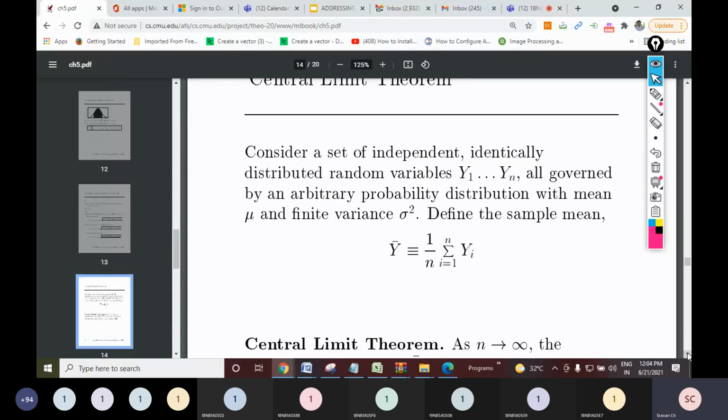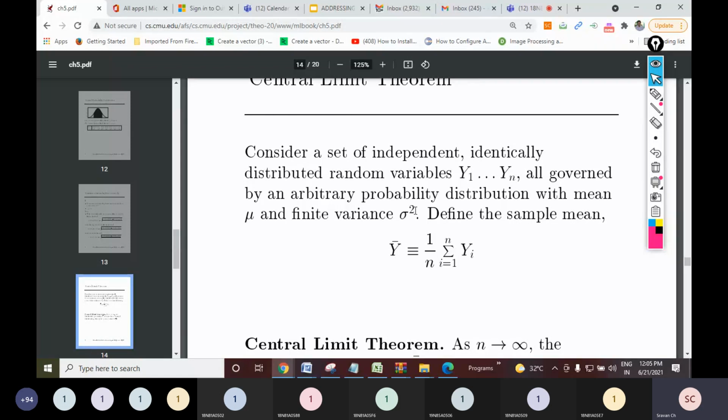So friends, consider a set of independent, identically distributed random variables y1 to yn, all governed by an arbitrary probability distribution with mean mu and finite variance sigma square. You know what sigma is here.